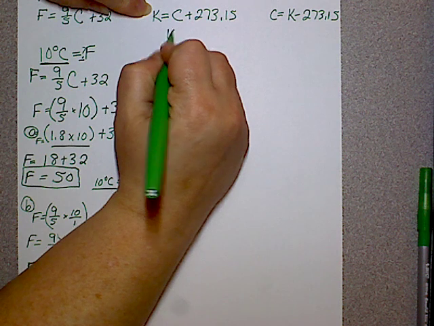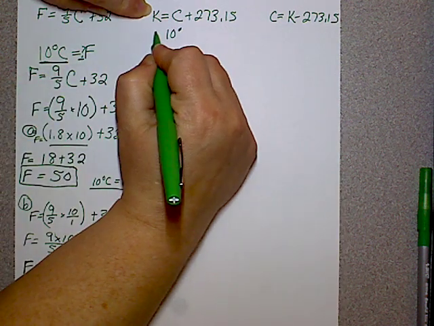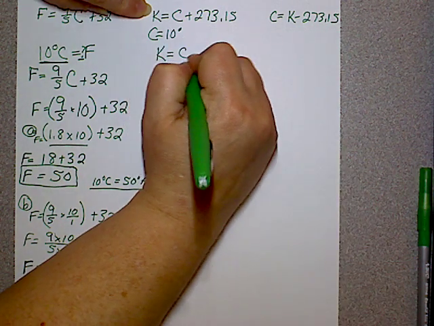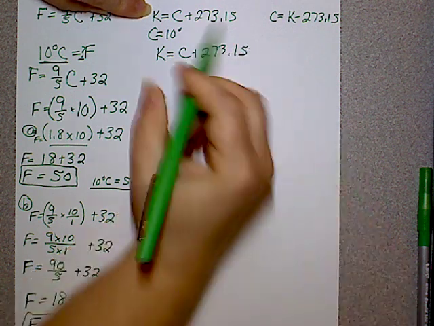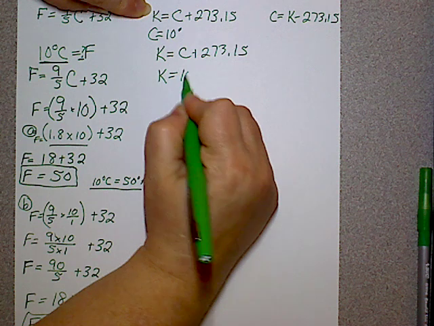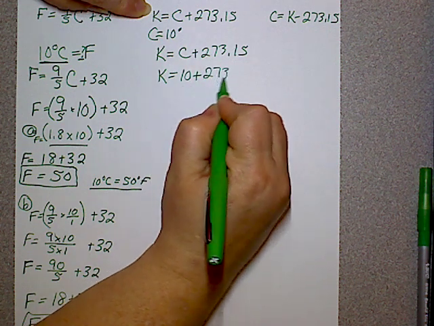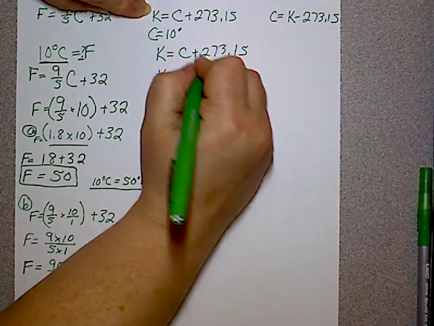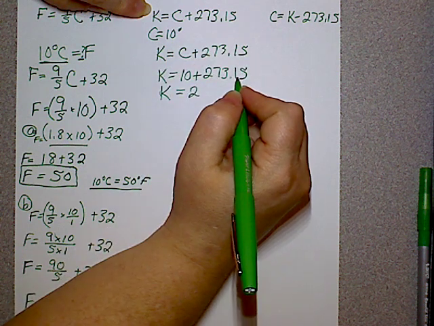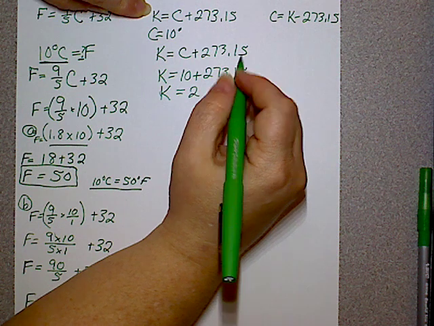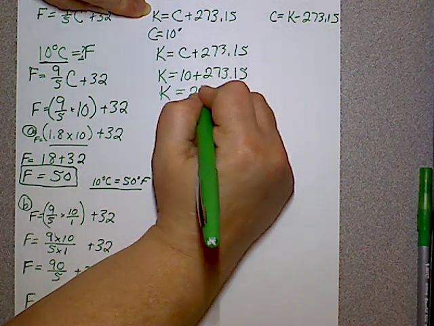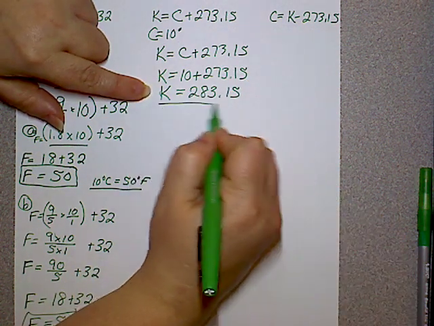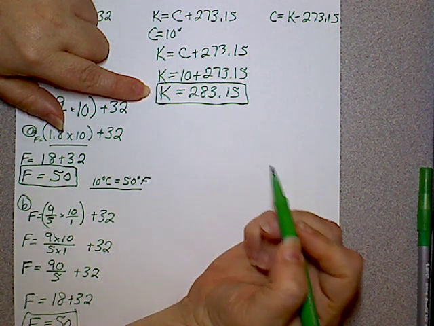So if we have 10 degrees Celsius, just like we did over here, so C equals 10, our K equals C plus 273.15, and then we're going to plug our amount in, so 10 plus 273.15, so K equals 283.15 for our K. So our Kelvin for 10 degrees is that.